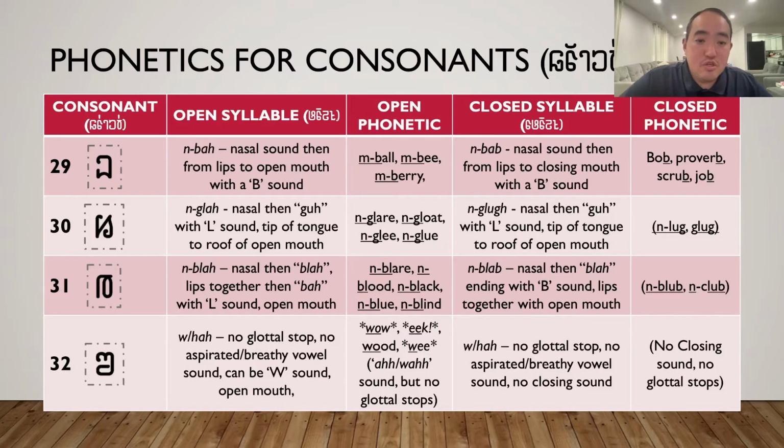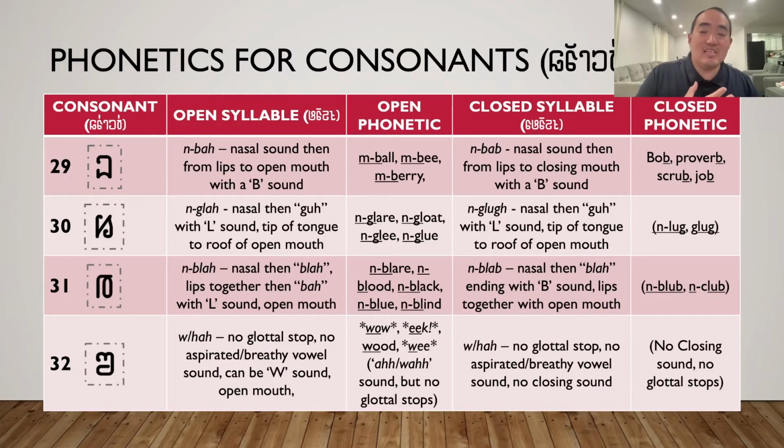Now number 32, which is actually very, very different from a lot of the other consonants. And this one is pronounced ah. So it's not pronounced like a word with a glottal stop.